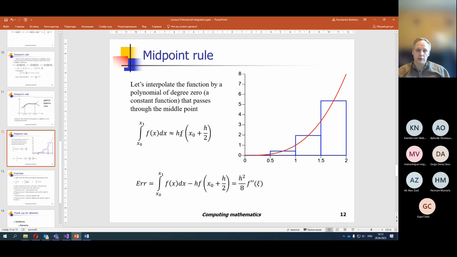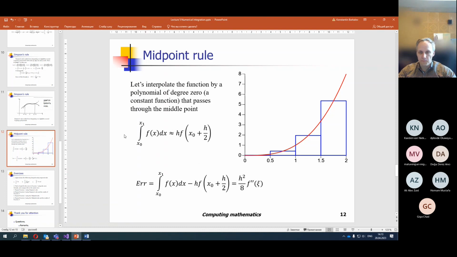One side equals h and another side equals the function value at the middle point, x0 plus h over 2. The order of the error will be 2. The error has order 2, h power 2.